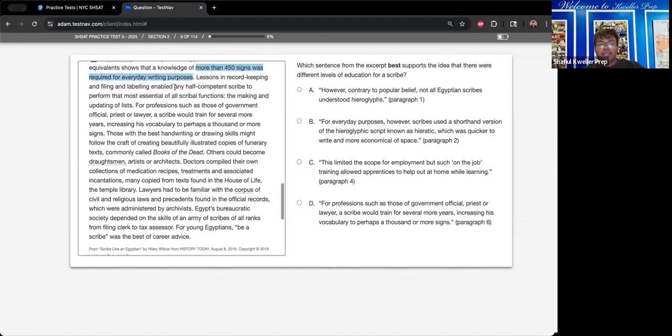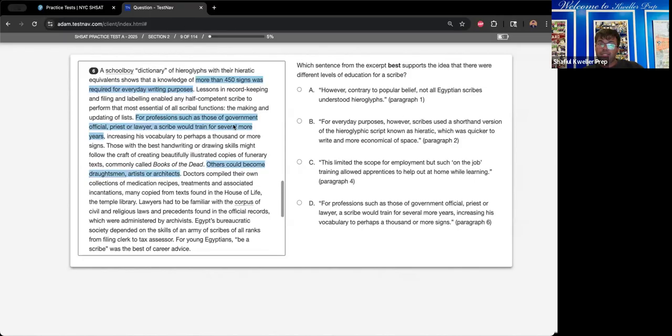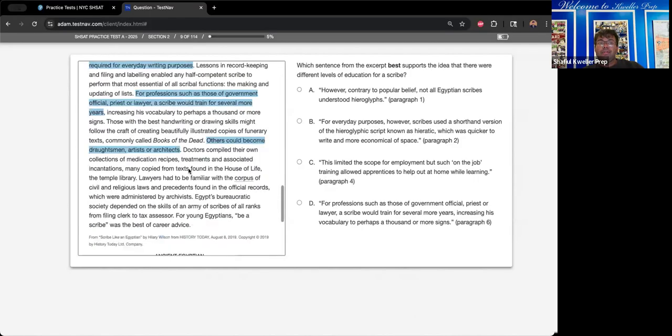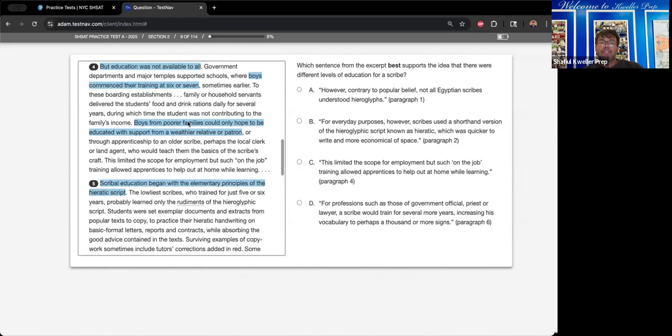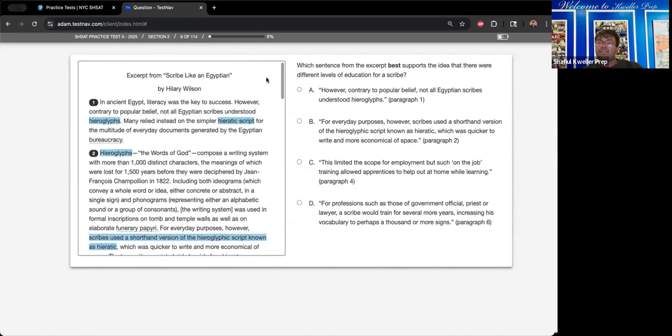And then here it talks more specifically about how if you want to go into a high profession, you have to train for several more years, and then occupations for other people as well, like draftsmen, artists, architects. So again, that's the idea. I bolded these so that you get an idea of what's in each paragraph. But yeah, let's answer this one.